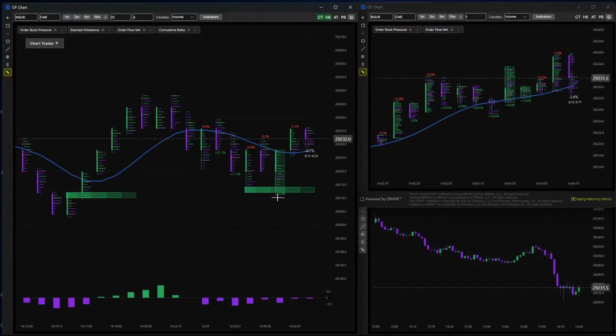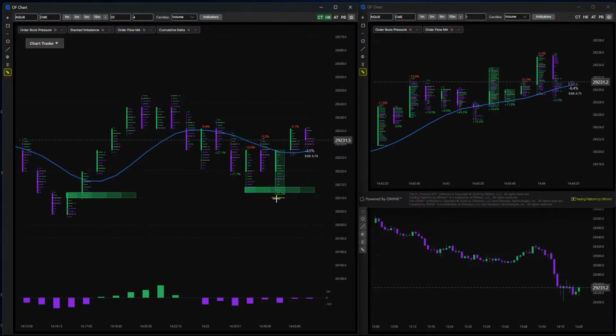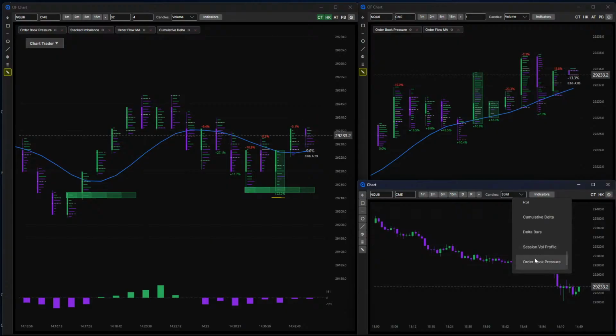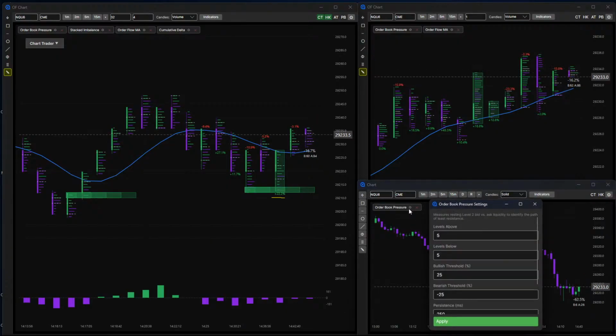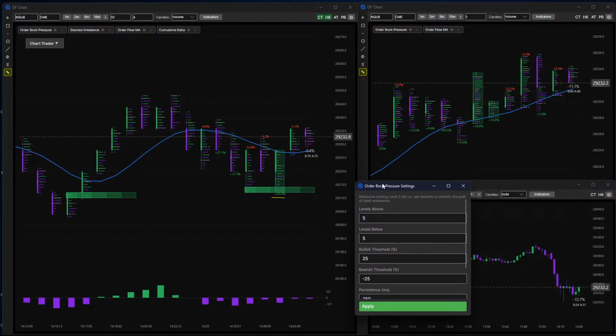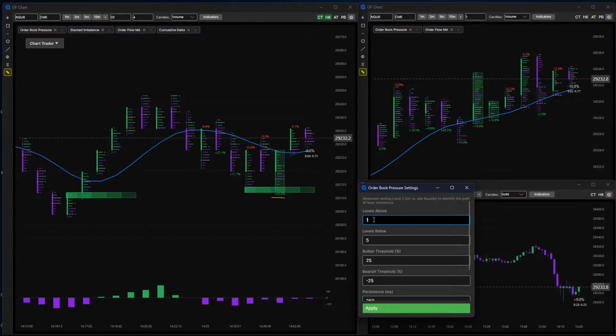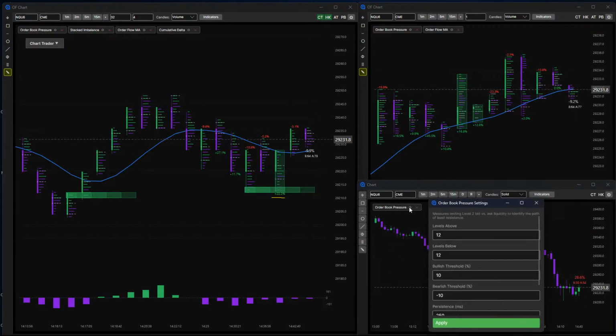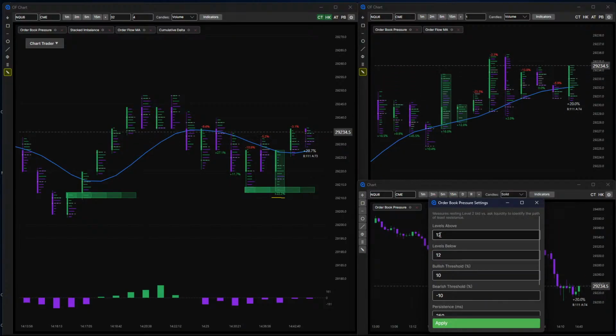And when the threshold is above 10%, because I have the setting for 10%. Here, let me see if I can find the order book settings. I've got it set to 12, 12, 10%, and 10%.